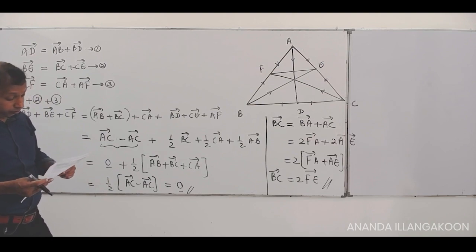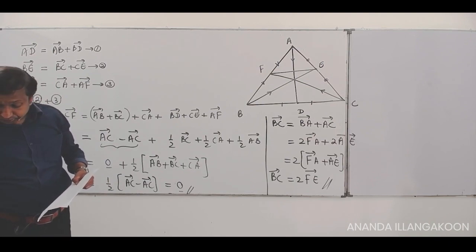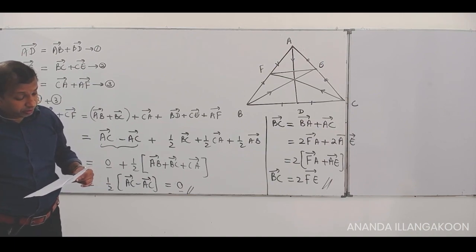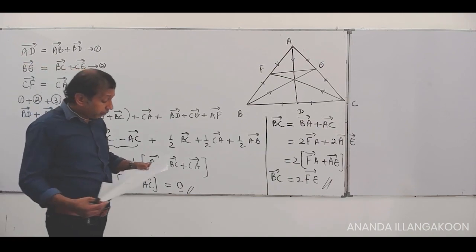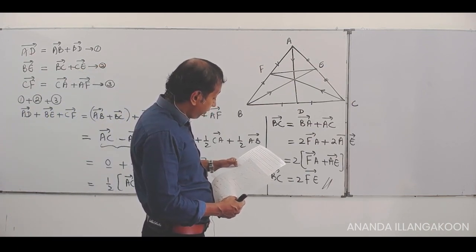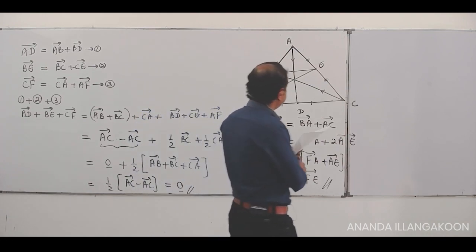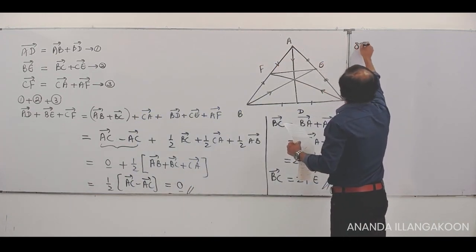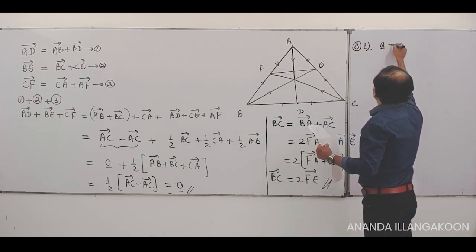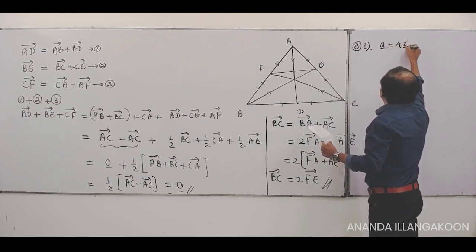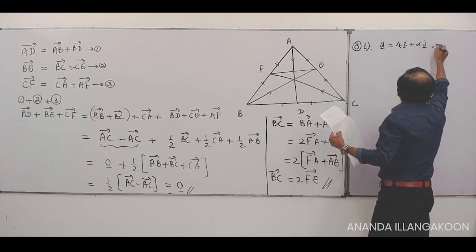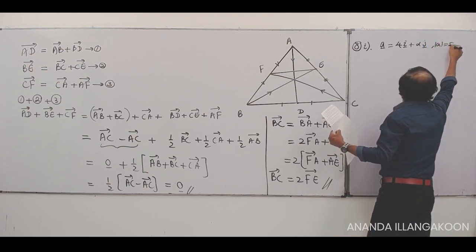Number 8. Given the vector A equals 4i plus alpha j, mod A equals 5. Find the values of alpha. Number 8, part 1. Vector A is 4i plus alpha j. Mod A is given as 5. How do we write mod A?